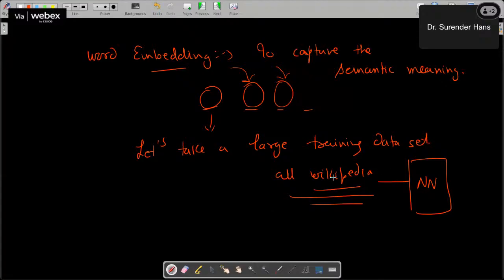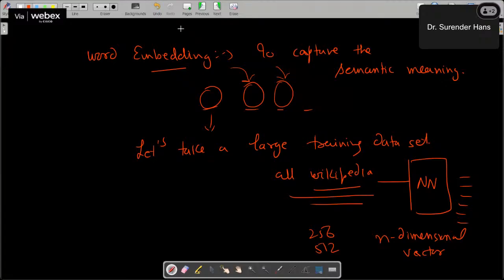It understands the context in which each word is used, and then it represents each word in the form of an n-dimensional vector. The n-dimensional vector may be 256, it may be 512, it may be 1000, it may be anything.